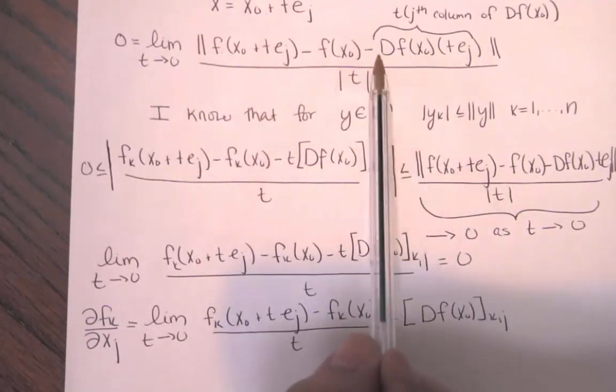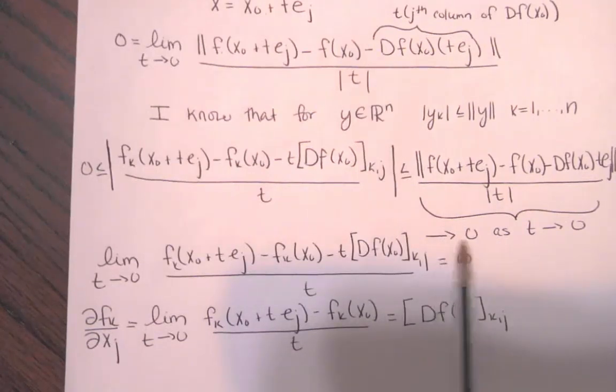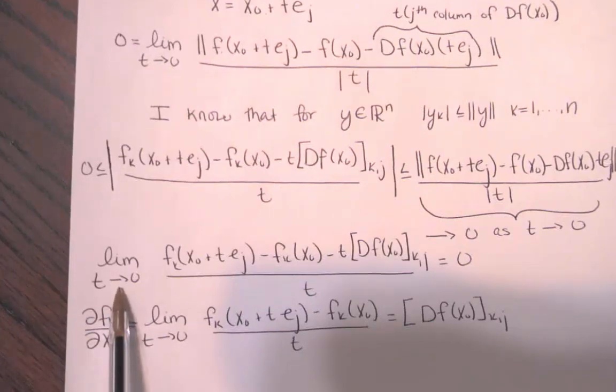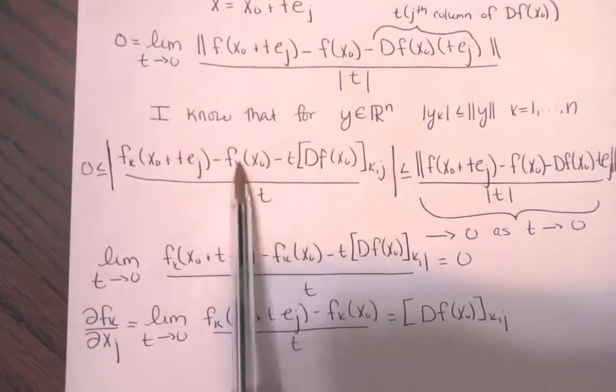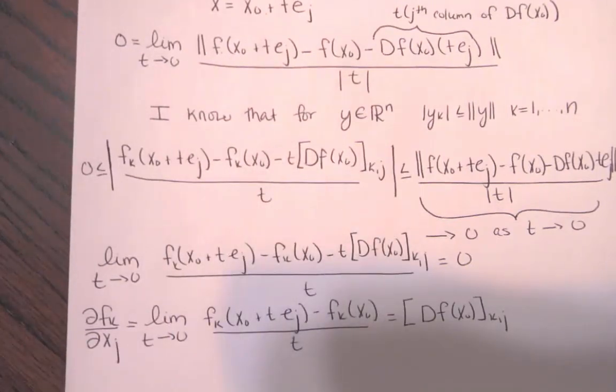Now, I know from here that this converges to 0 as t converges to 0. Therefore, this limit must also converge to 0. And because it converges to 0, I can drop the absolute value.